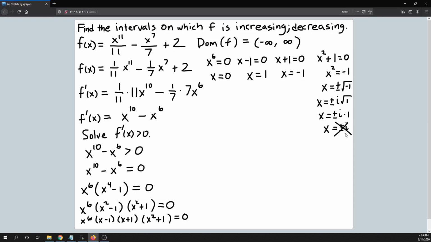There is calculus with complex numbers, and in that case, we would keep those, but this is only a real number calculus, so those just get thrown out. Okay, and so what we wind up here with are three solutions, 0, 1, and minus 1. So those are our possible critical numbers. So we need to write those down.